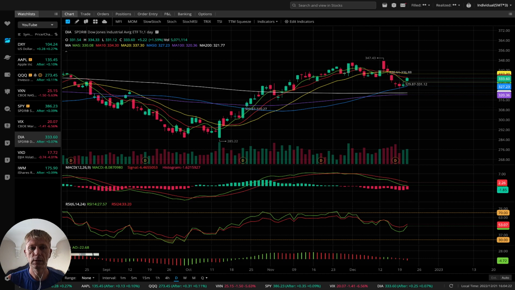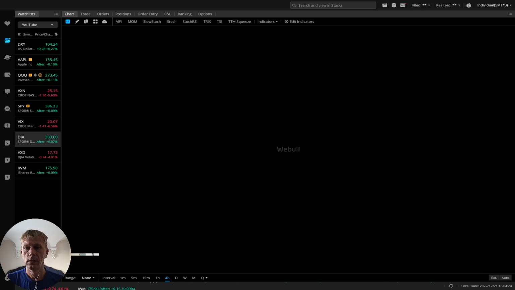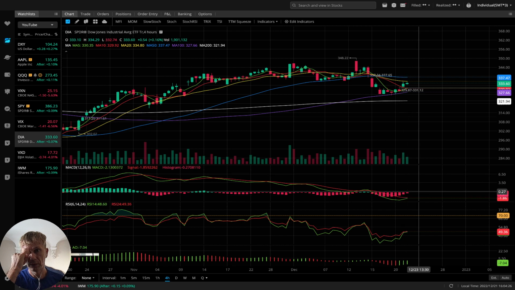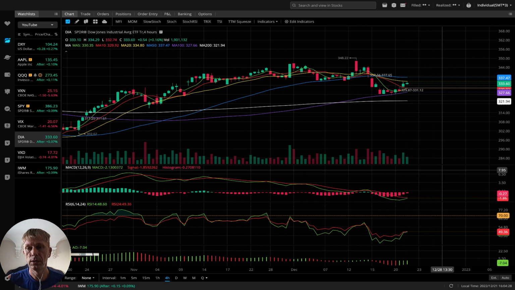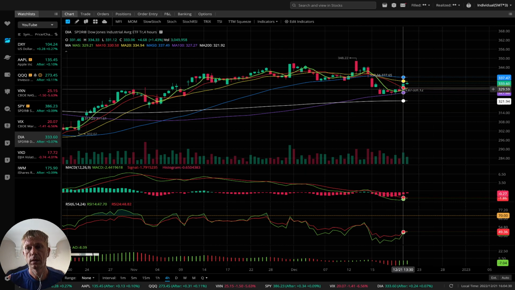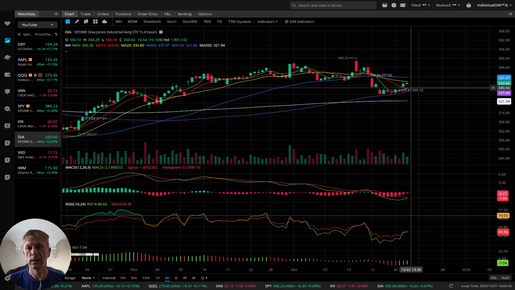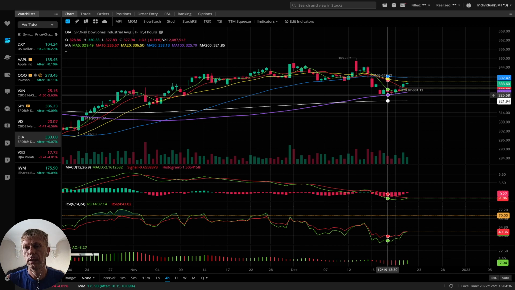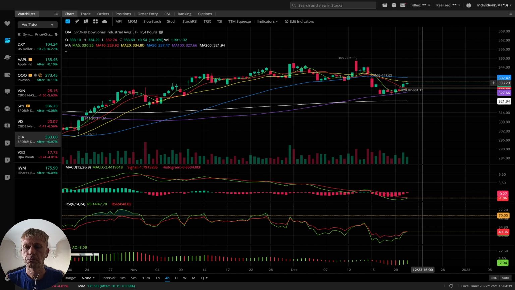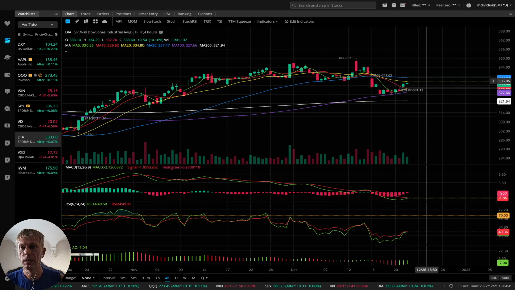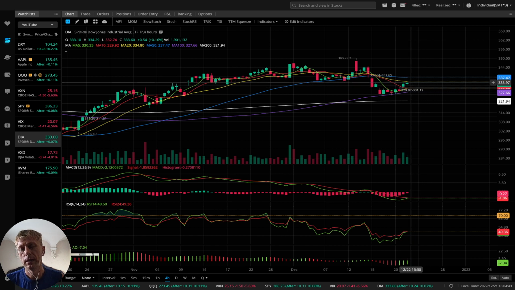Let's move to 4 hours. 4 hours looks like a different story. MA5 already did a bullish crossover over MA10. It touched MA100 and bounced from MA100. And today it touched MA20. It can be rejected from MA20. We'll see.